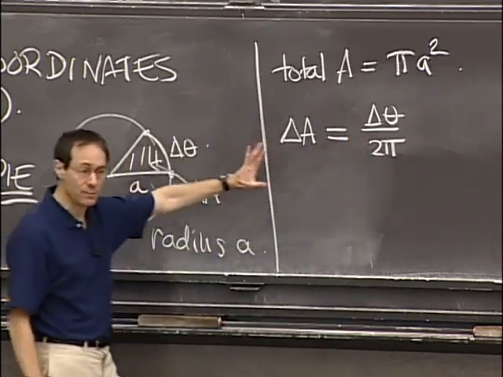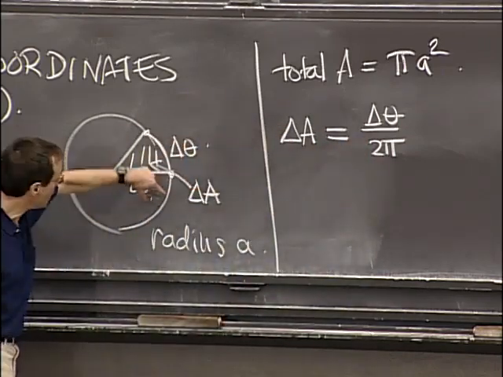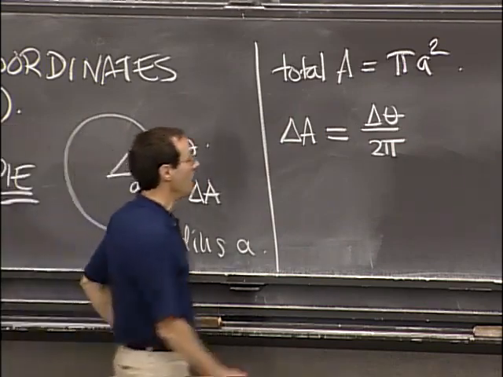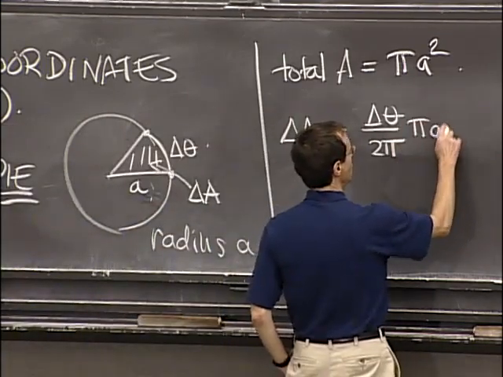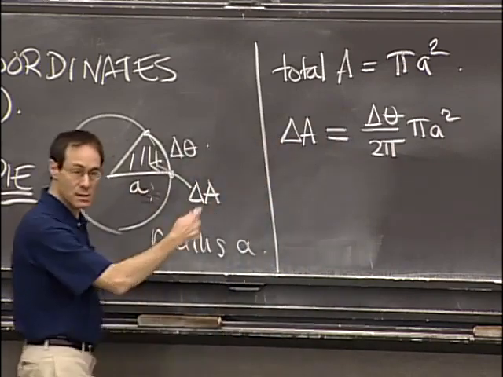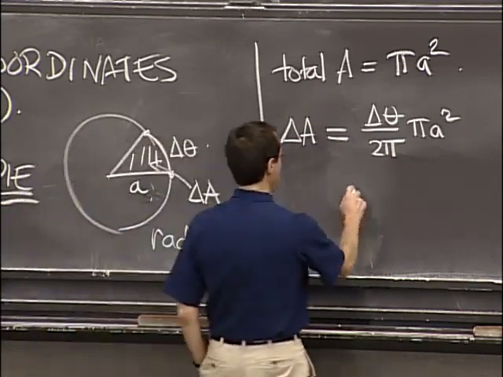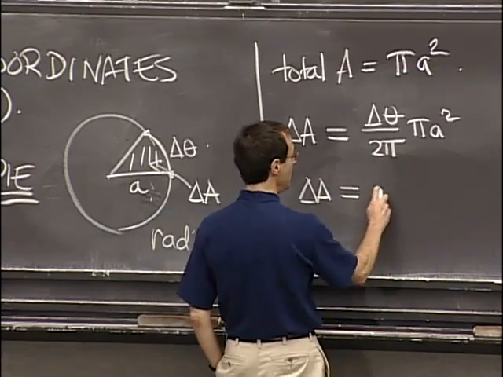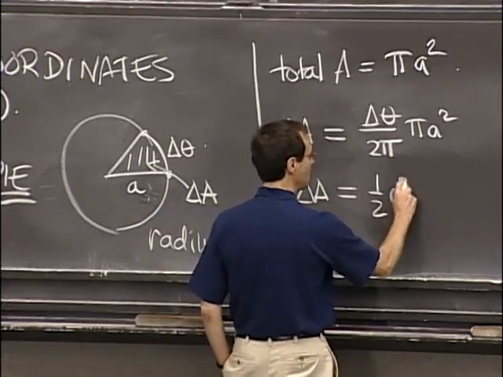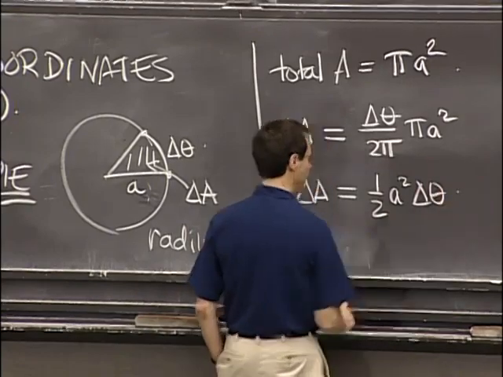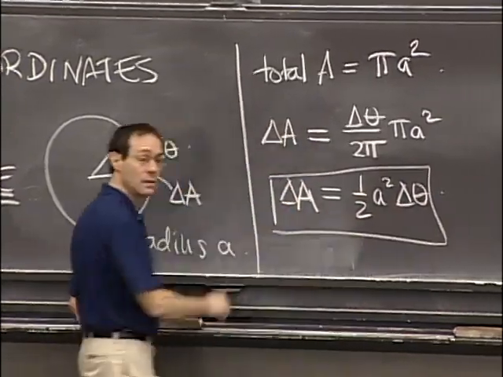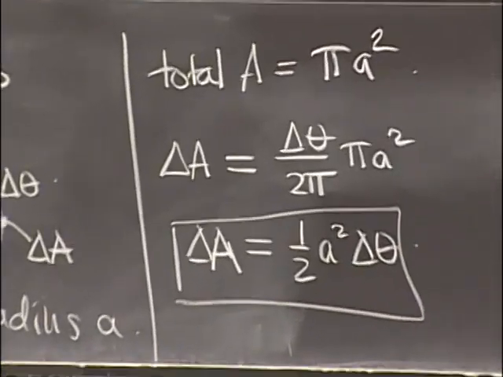This is the fraction of the total circumference, the total length around the rim. And then we multiply that by pi a squared, and that's giving us the area. If you work that out, the pi's cancel, and delta A is equal to one half a squared delta theta. All right, so here's the basic formula.